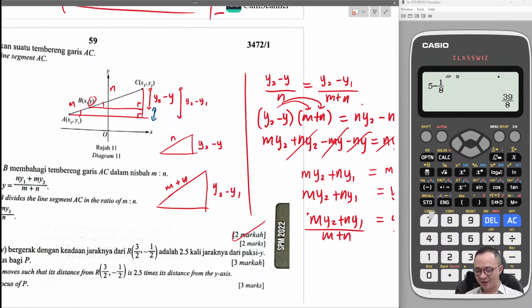If not mistaken, you can take y minus y1, this one divided by this one, then equals n divided by m. It's easier, because just now I was thinking, I got m plus n, want to multiply y1 minus y2 minus y, it's a lot of work, man. I'm trying to make the equation a bit simpler to get the 2 marks.